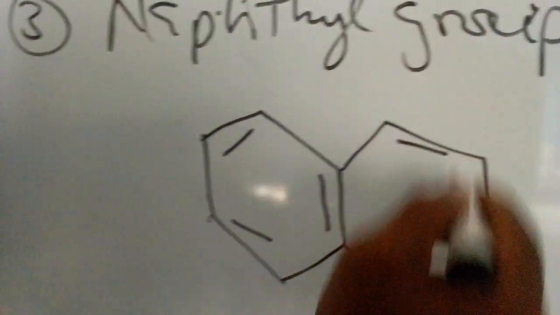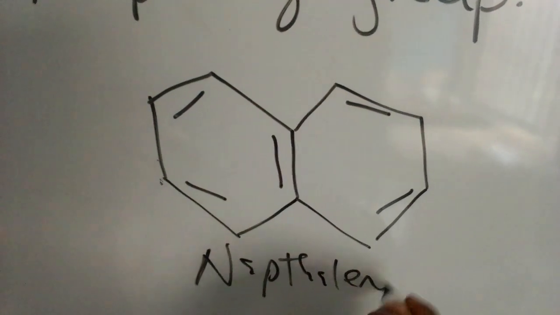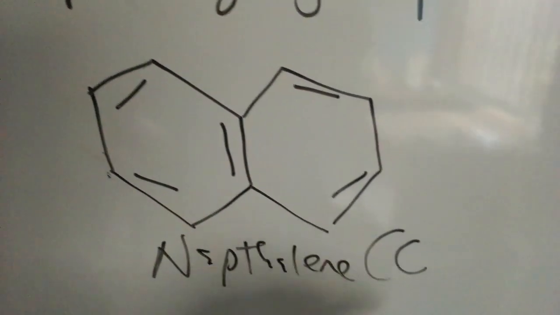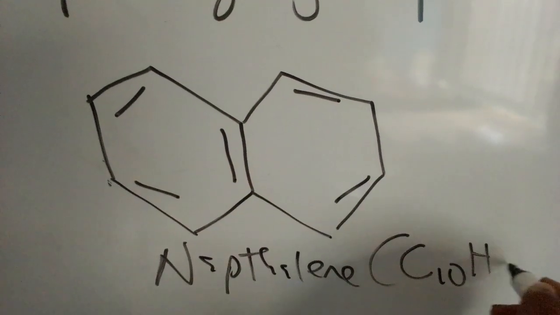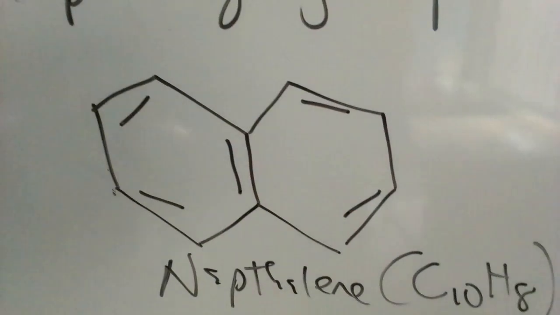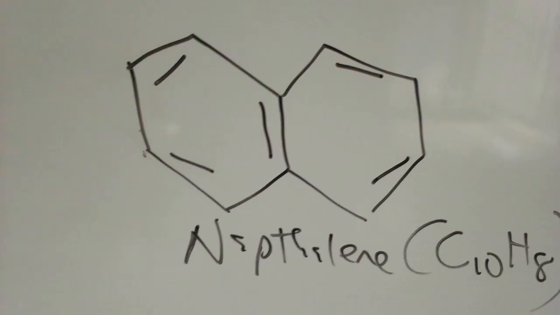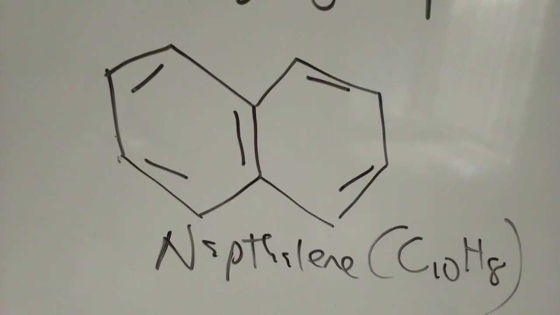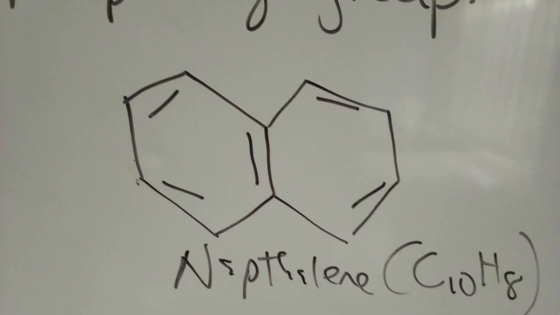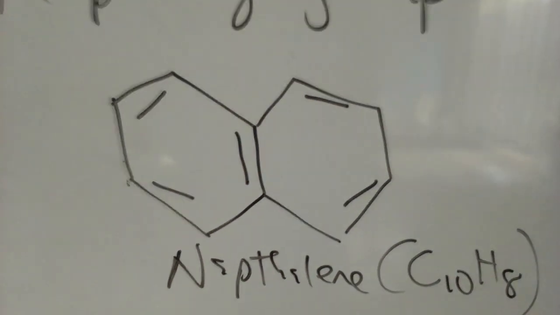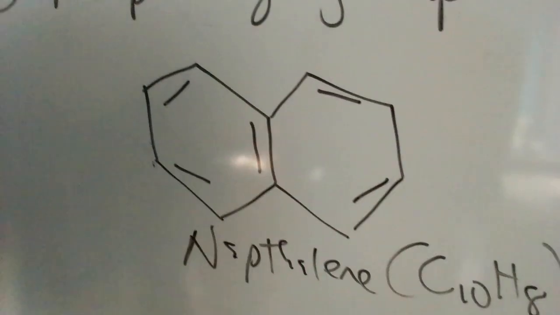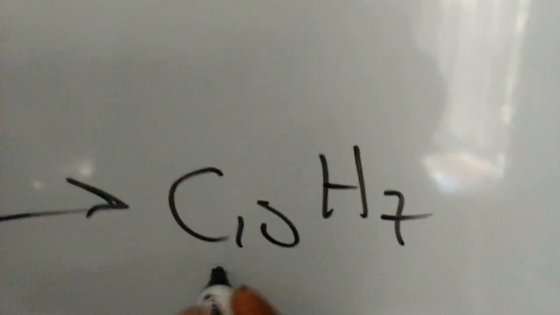So this is the structure of naphthalene, and naphthalene has the formula C10H8. Now, to get the naphthyl group, I remove one hydrogen here, and I'll have C10H7. This is now called the naphthyl group.